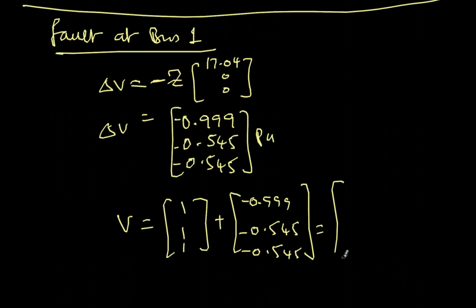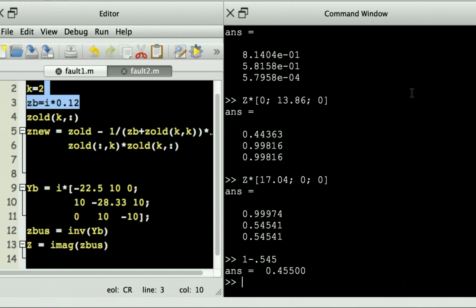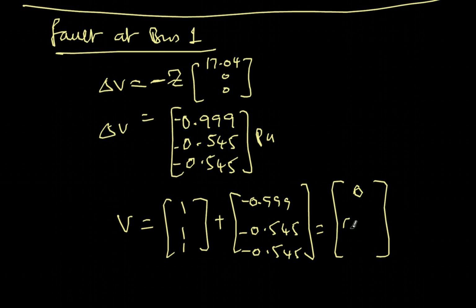So here you'll get 0 volts at the faulted bus, and then 1 minus 0.545, that will be 0.455 and 0.455.